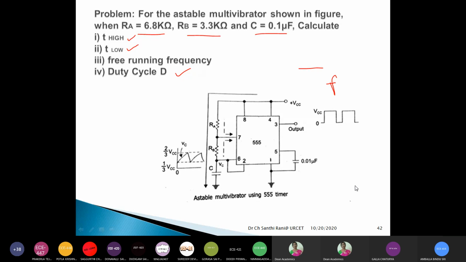After that, you please calculate the duty cycle D. D is equal to T low by total T. It is equal to RB by RA plus 2RB. You calculate what is the duty cycle D. How much percentage you are getting for the duty cycle, you calculate.